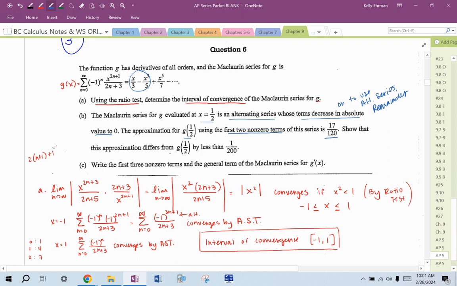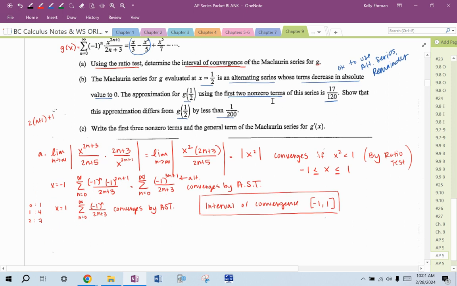Show that this approximation differs from actual g of 1/2 by less than 1 over 200. All right, so they've sort of done some of the math for me, but basically what they did was this. They approximated g of 1/2 by plugging into these first two terms. I'm using the series. I don't need to do the math. They've done it for me.